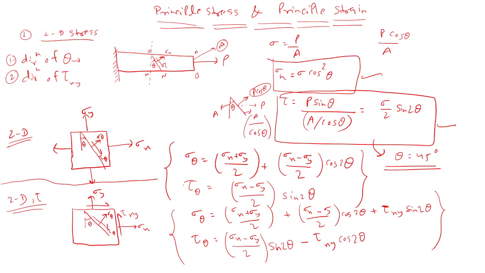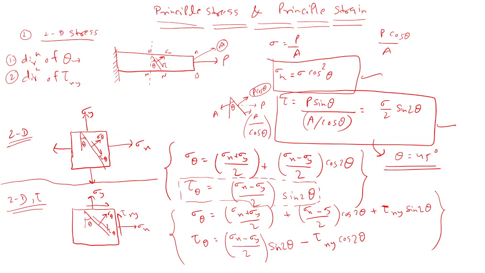Yes, sir. So for this 2D loading, what is the formula of tau? This one, correct? So here for the maximum tau, what would be the value of theta? 2 theta would be 90 and theta would be 45, right?